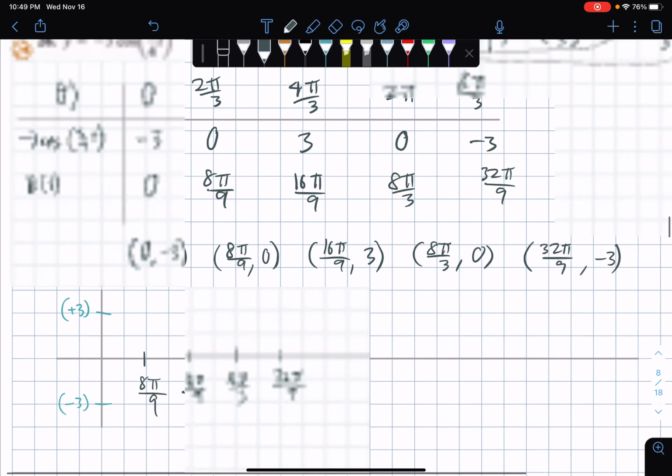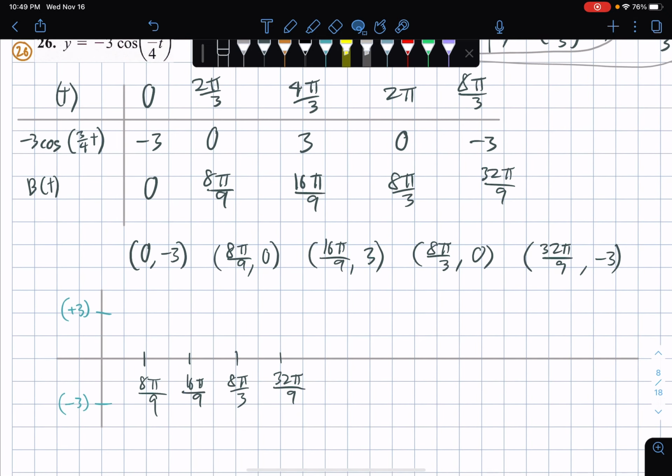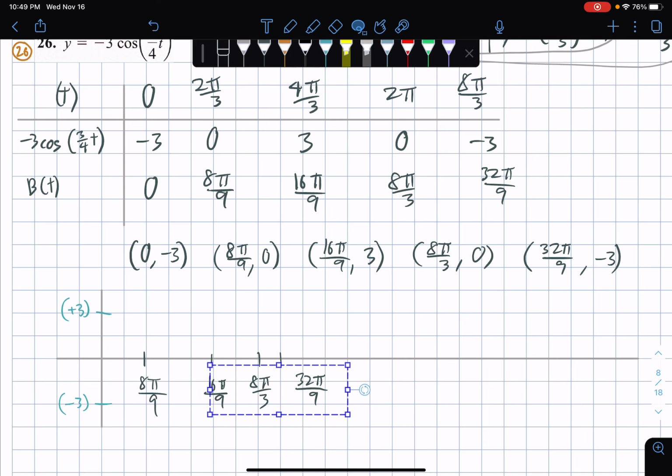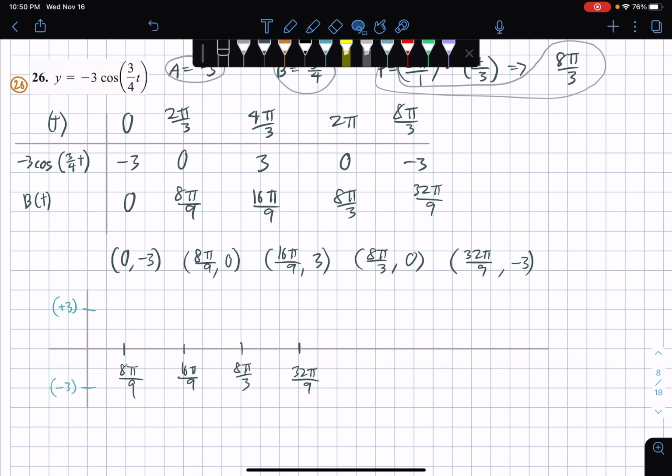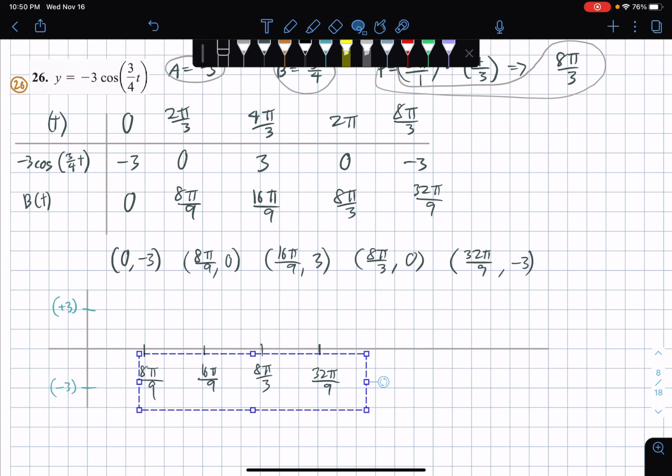Yeah. Let's try to expand it a little bit. Looks too crowded in an inappropriate sense. There you go. So 8 pi over 9, that's going to be 0 over there, negative 3 over there. Okay.